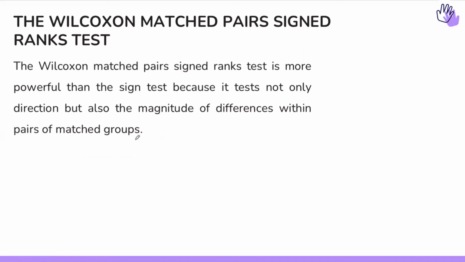Unlike the sign test, this test deals with dependent groups made up of matched pairs of individuals, and it is not applicable to independent groups. The null hypothesis would assume that the direction and magnitude of the pair differences would be about the same. So these were some of the non-parametric tests for related samples.